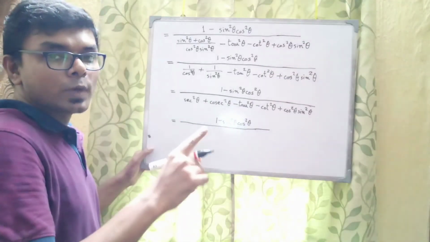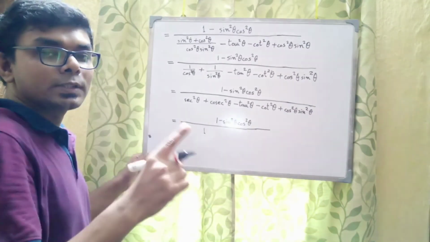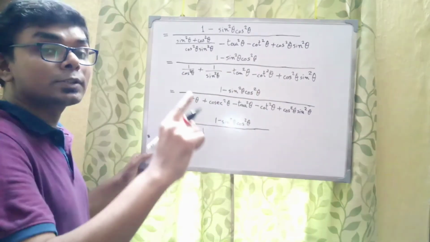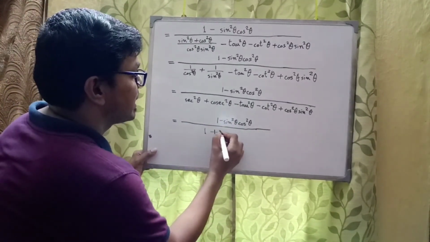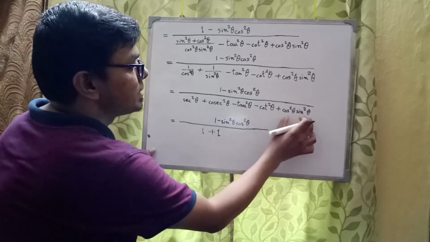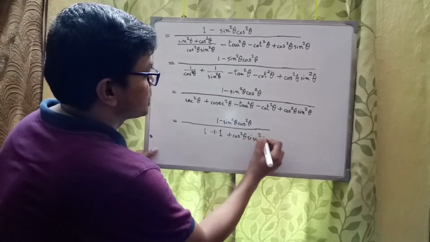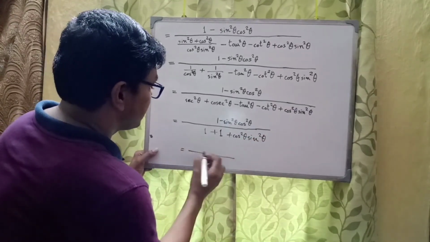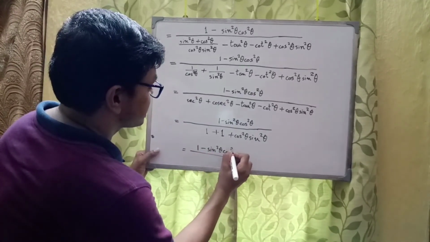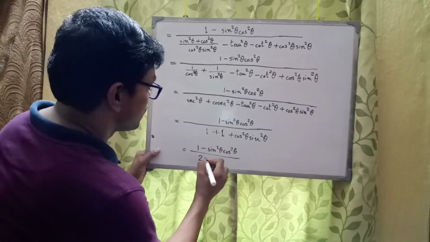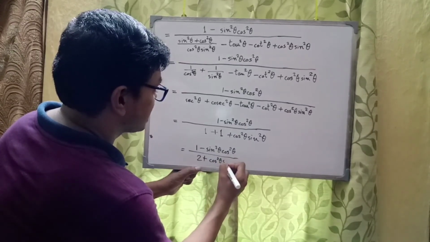Same with cot square theta plus 1 equals cosec square theta. That is again a standard trigonometric identity. So if cot square theta plus 1 equals cosec square theta, then cosec square theta minus cot square theta must be equal to 1. So again I write plus 1, and we are left with this term, that is plus cos square theta sin square theta. So finally we reach the right hand side, 1 minus sin square theta cos square theta, and this would be 1 plus 1 is 2, so 2 plus cos square theta sin square theta.